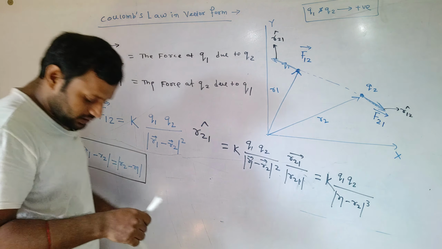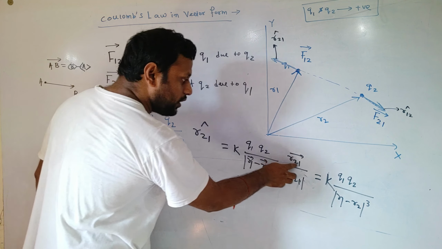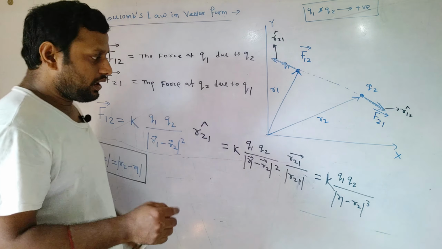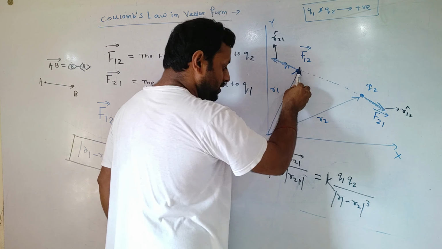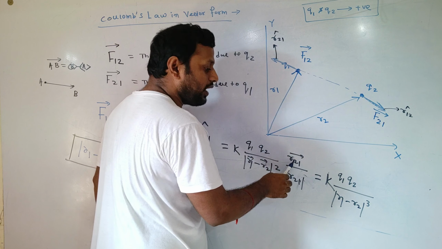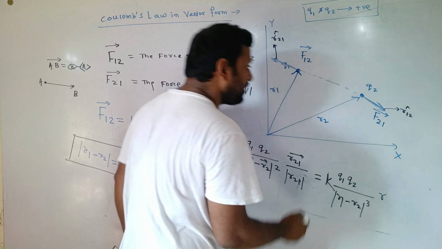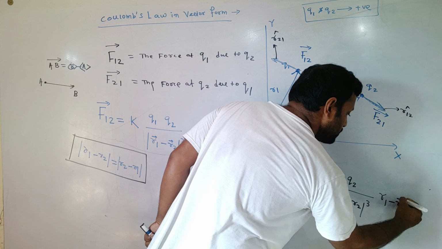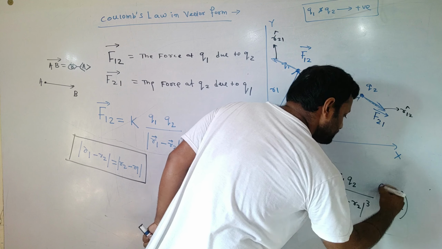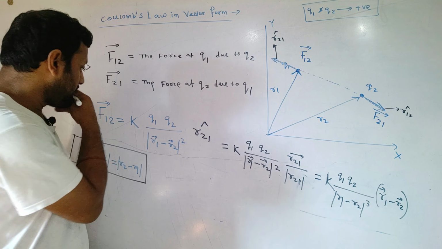In this manner, for r21, the head is 1 and the tail is 2, so r21 cap is basically along r1 minus r2 position vector.